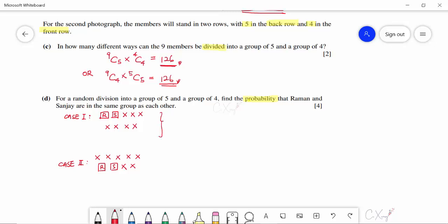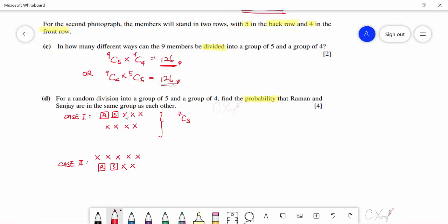Now because Raman and Sanjay already occupied the back row, the back row still has the remaining 3 slots, which means I need to choose 3 persons to put in the back row. So it will be 7C3.